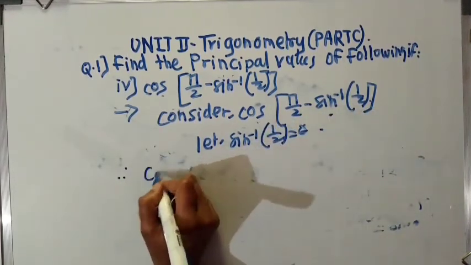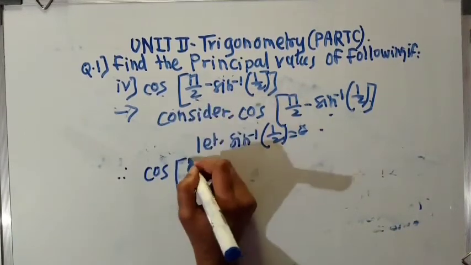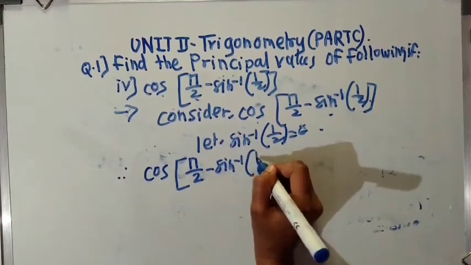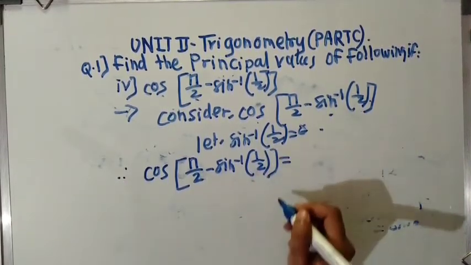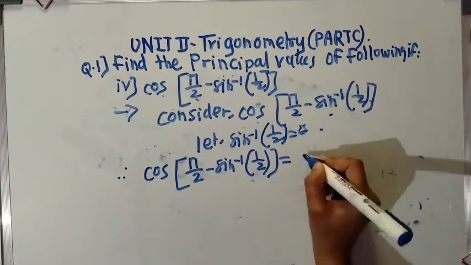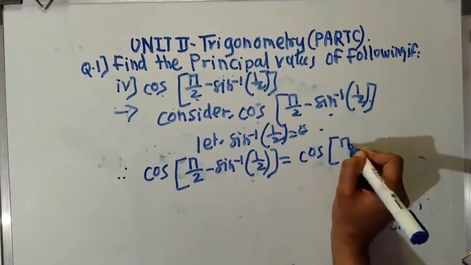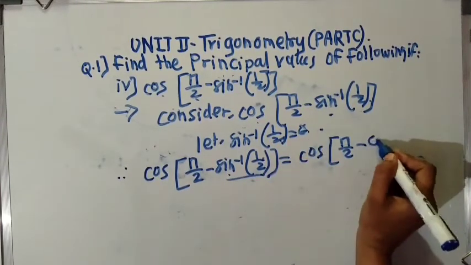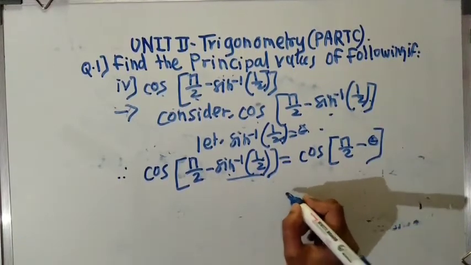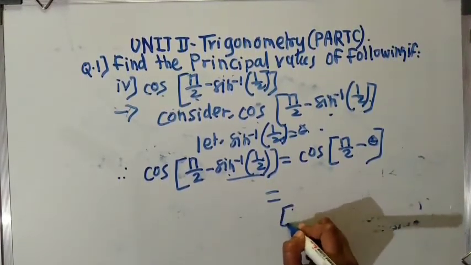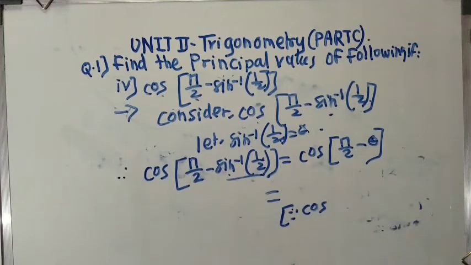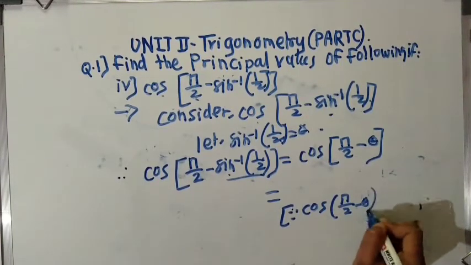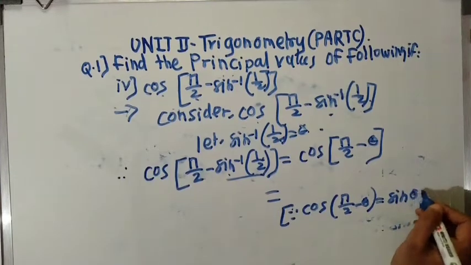Hence, cos of pi by 2 minus sine inverse of 1 by 2 is cos of pi by 2 minus theta. But we know that cos of pi by 2 minus theta is equal to sine theta.